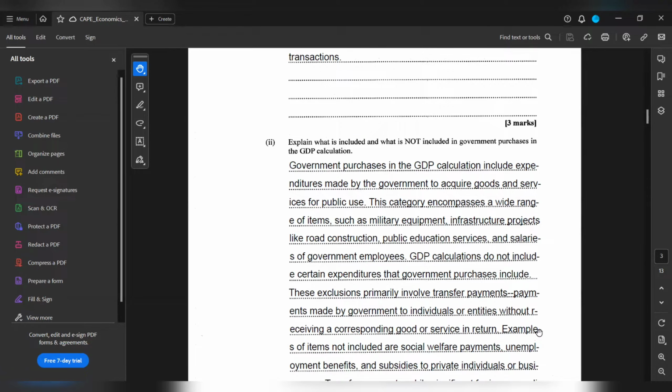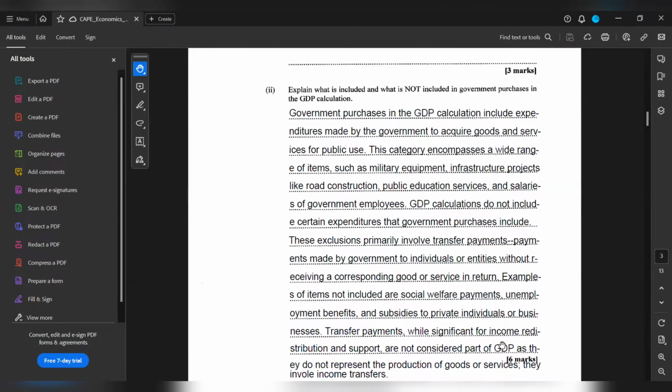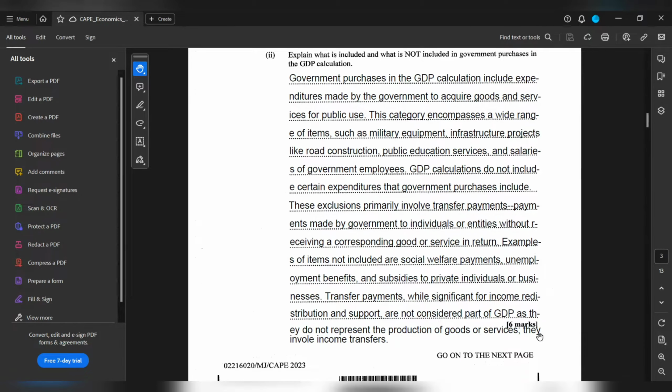Examples of items not included are social welfare payments, unemployment benefits, and subsidies to private individuals or businesses. Transfer payments, while significant for income redistribution and support, are not considered part of the GDP, as they do not represent the production of goods or services. They involve income transfers.